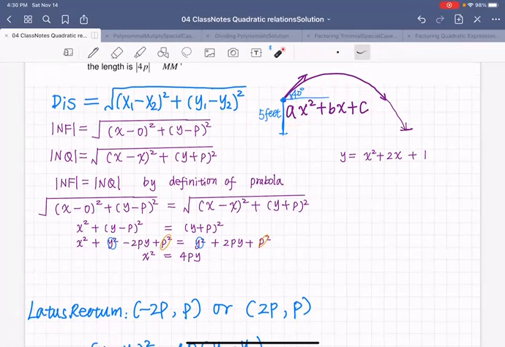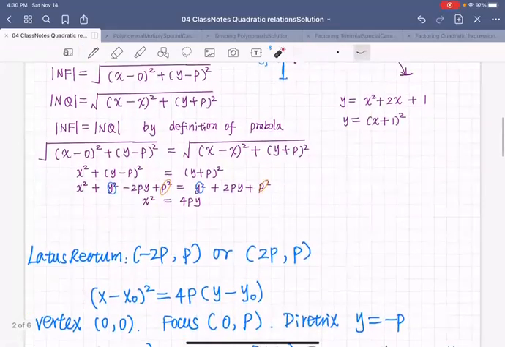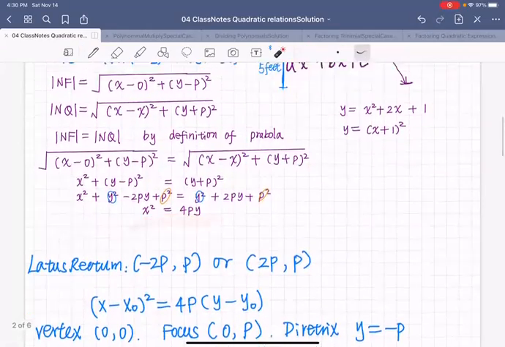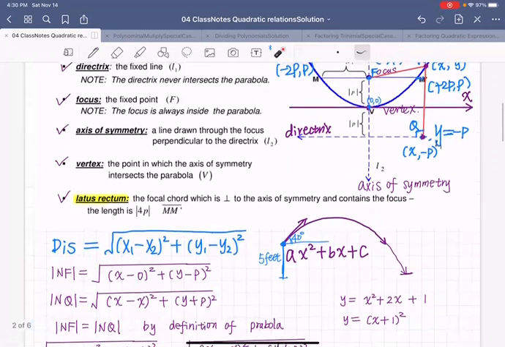How do we convert this into this? The trick is here. You first complete your square. Remember, this one has your vertex located at 0, 0.